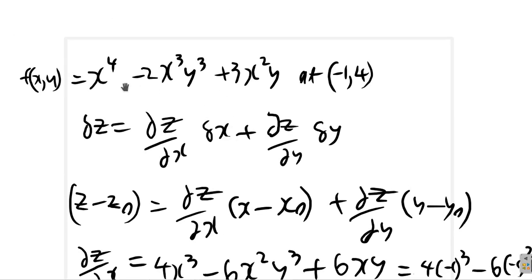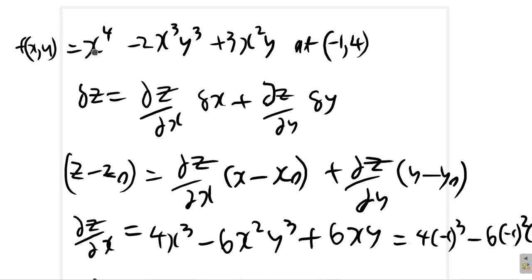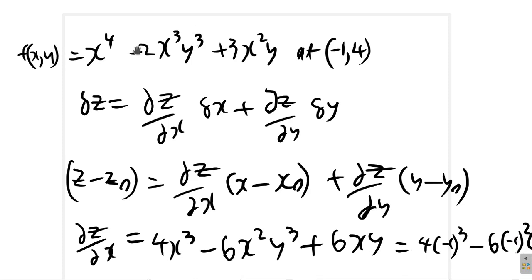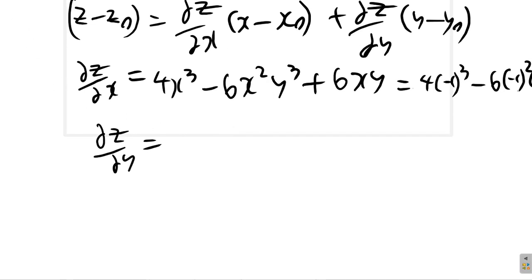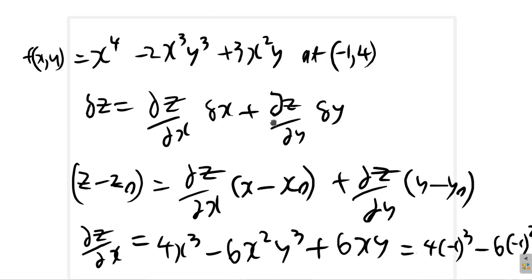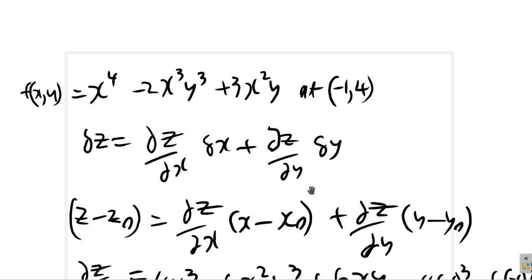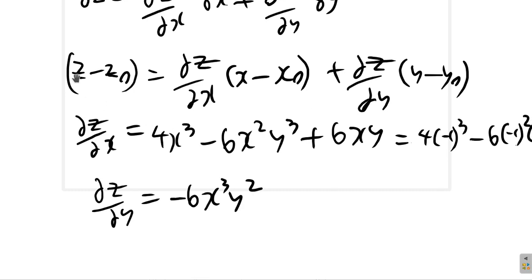Then we have delta z by delta y equal. What do we get for that? This x is gone, it amounts to 0. Negative 6x cubed y squared. And then plus 3x squared.